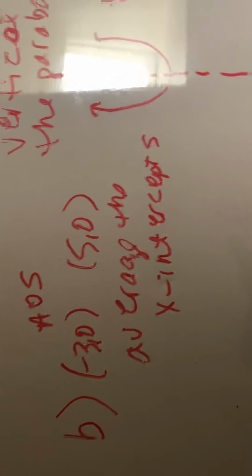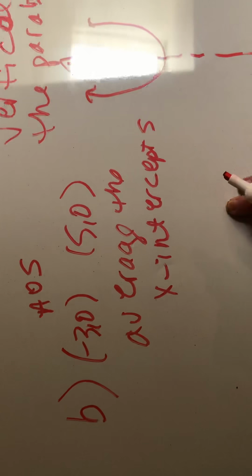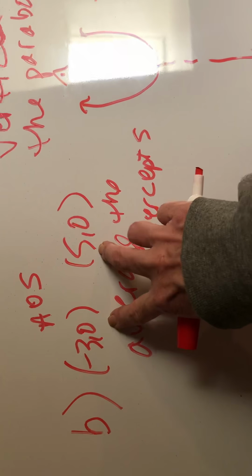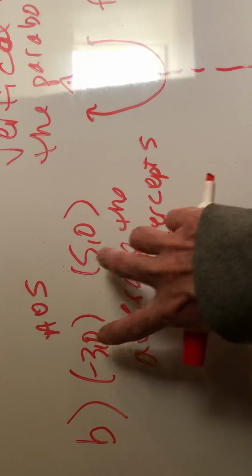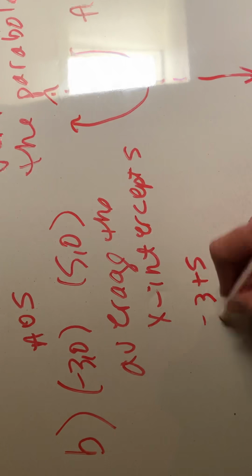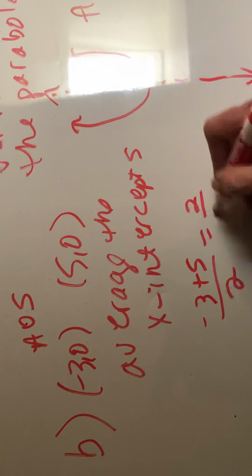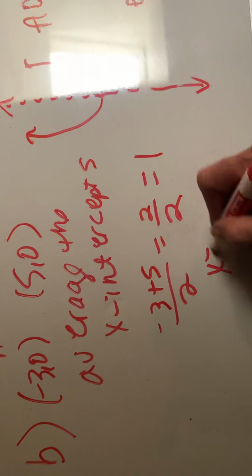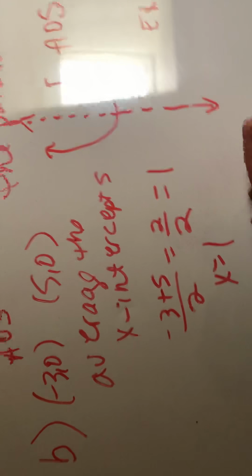If you want the axis of symmetry and you're not given the vertex, you're given the x-intercepts, you just average them. That means you do -3 plus 5 divided by 2. So that would be 2 over 2, which would be 1. So x equals 1 would be your axis of symmetry.